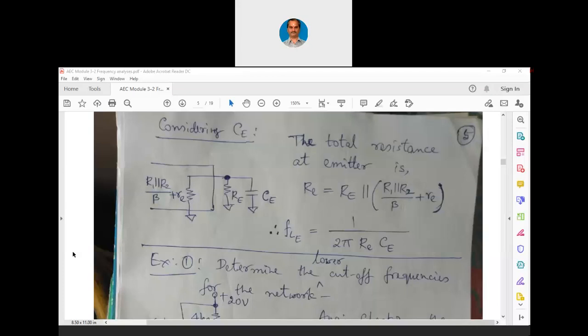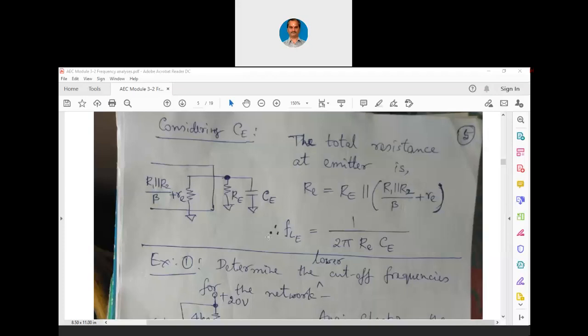Now, as both these are in parallel, we have no other option than to use a different type of notation. So, the author has used capital R and small e. So, FLE equals 1 over 2 pi into capital R small e into capital C capital E. That is the physical capacitance that is present at the emitter.